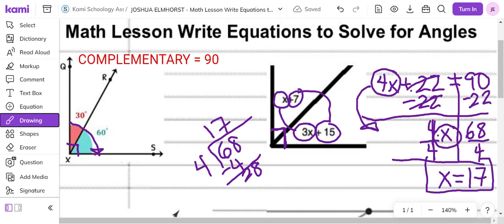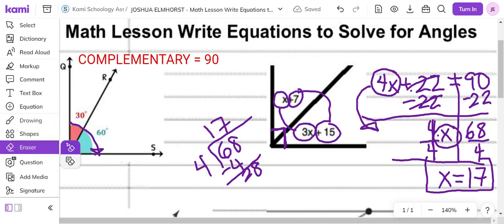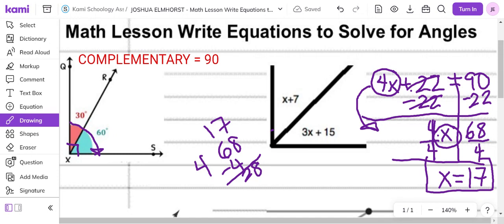So x equals 17. But the final step is to go back and determine what the angles are. So this would be 17 plus 7, and this would be 3 times 17. We take out the variable and put in the number, and then we add 15 to it.